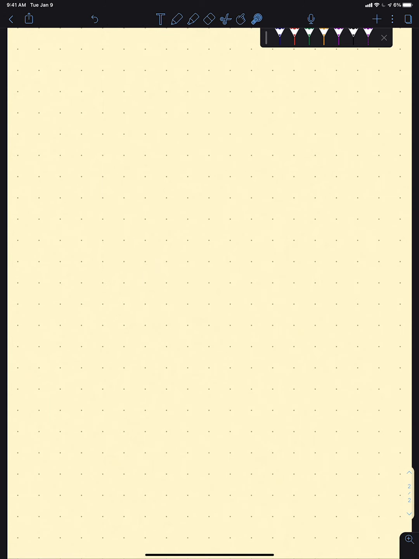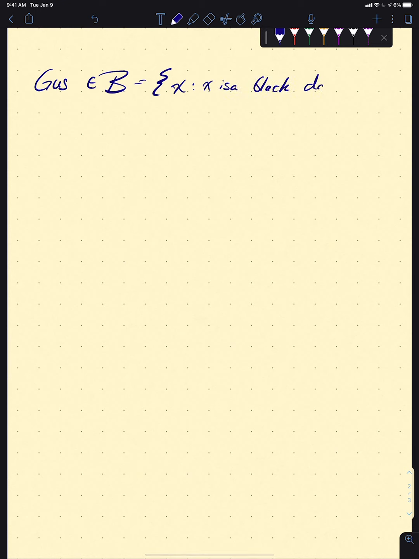Further, I can say that Gus is in a different set, right? Gus is in the set B, where maybe we'll say this is the set of all X, where X is a black dog, right? Gus is a black lab, so he is a black dog, right? So Gus is in this set as well.